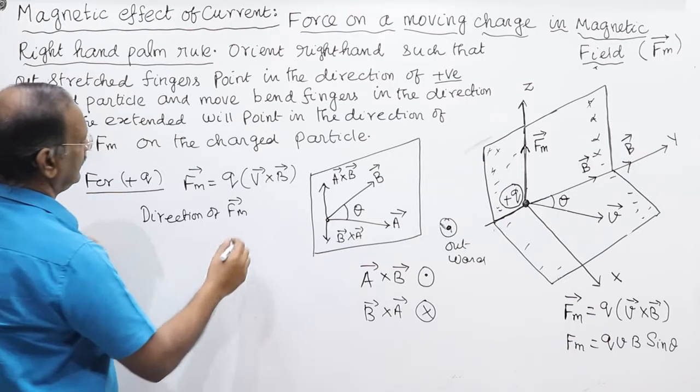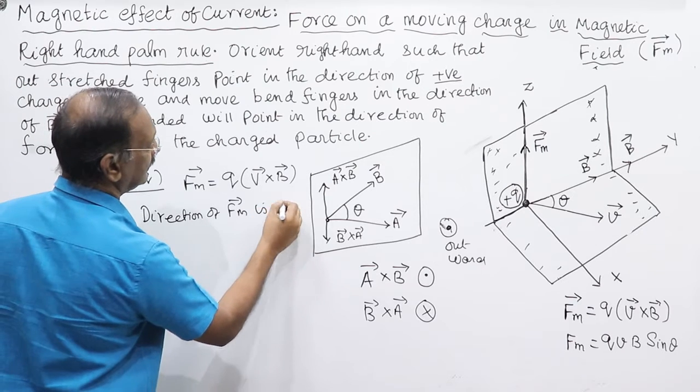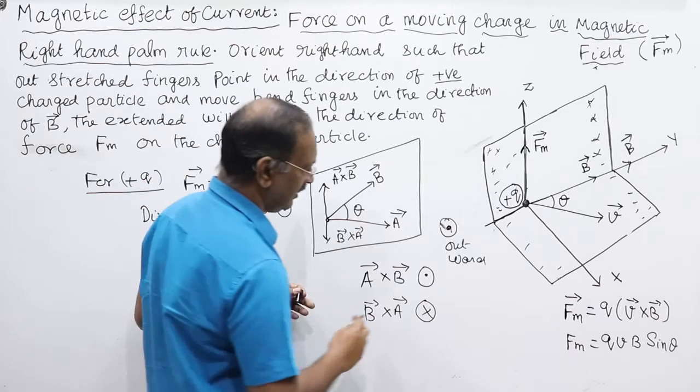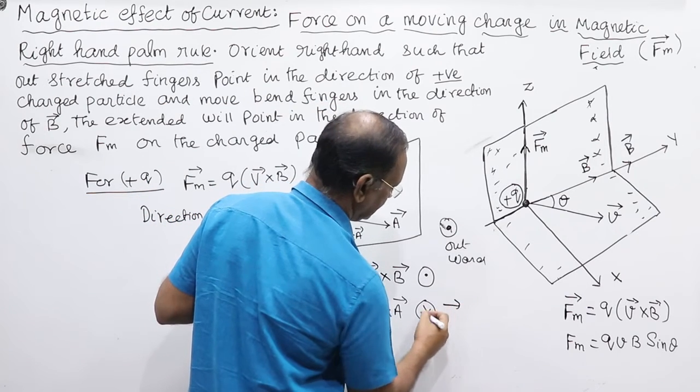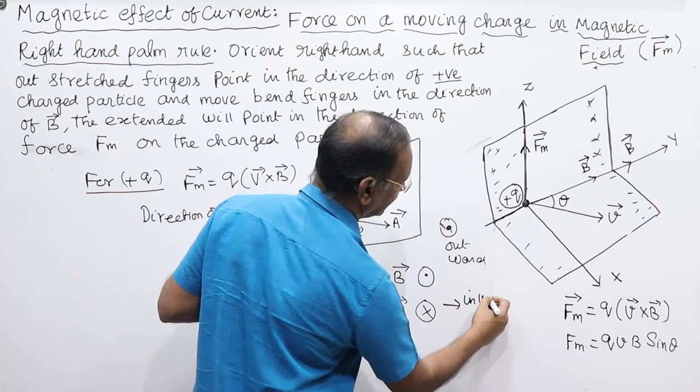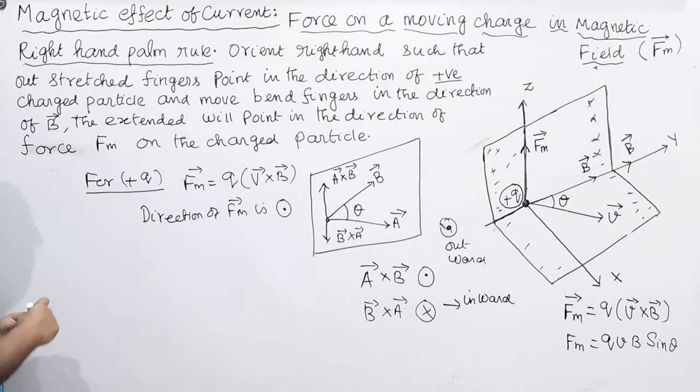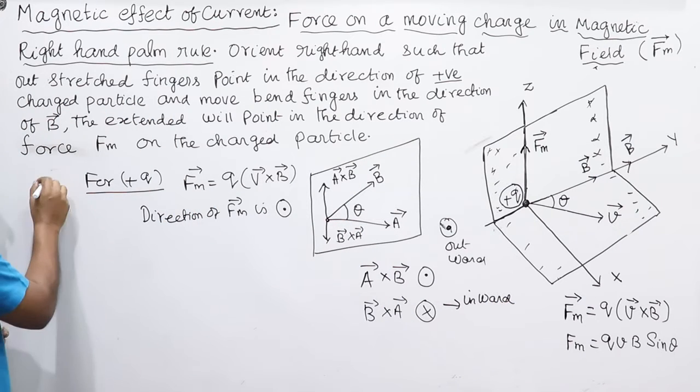Direction of Fm is this outward direction. This is A cross B, this dot is outward, this cross means inward direction. V cross B.